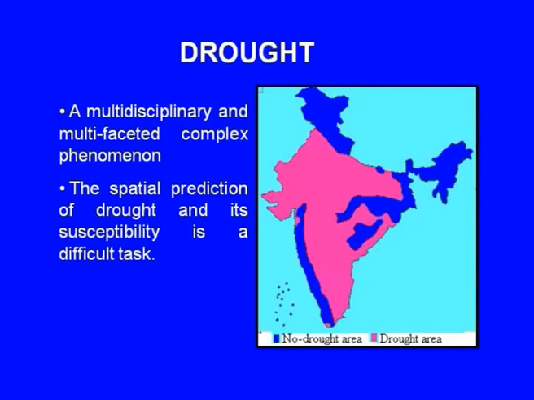One can see that the major part of India is prone to drought phenomena, and thus this is a very critical natural hazard which affects a vast majority of the population of the country. Naturally, its direct impact is on the crop production, which is one of the major factors which could lead to economic imbalance in the country in any given year.